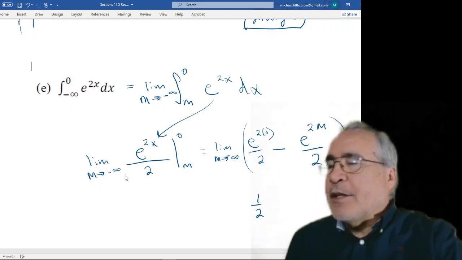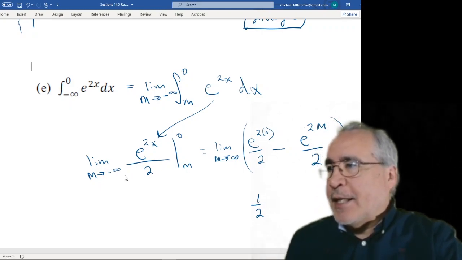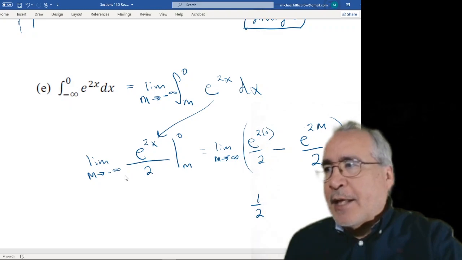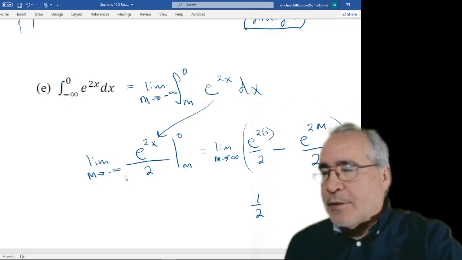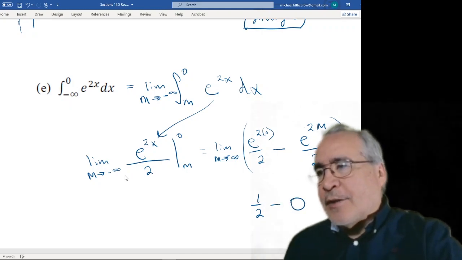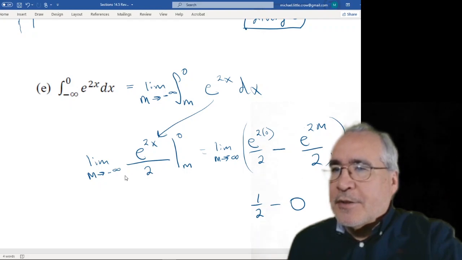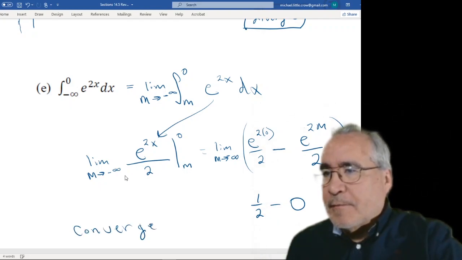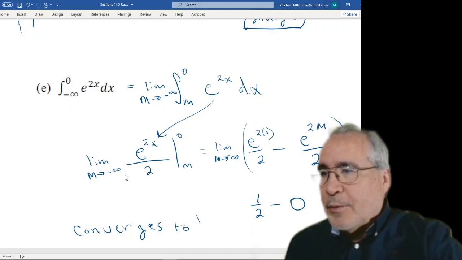It's going to become very large, right? e to an infinite power is very large, multiplied by 2, but it's in the denominator, so it's very large down here. So this part goes to 0. The limit takes it to 0. So this is 1/2 minus 0. So it converges to 1/2.